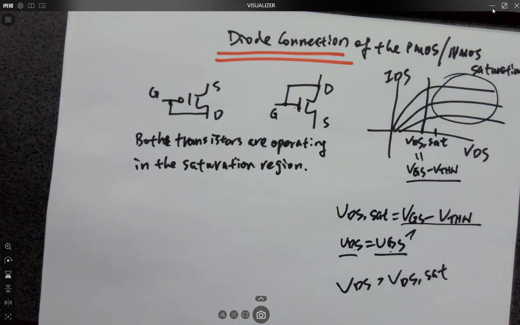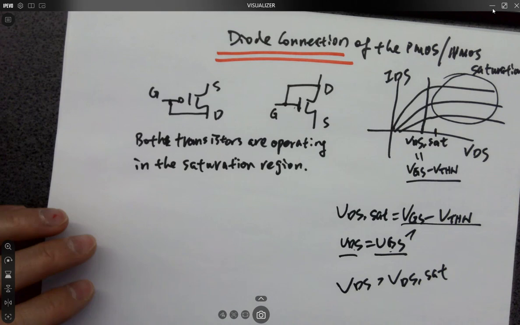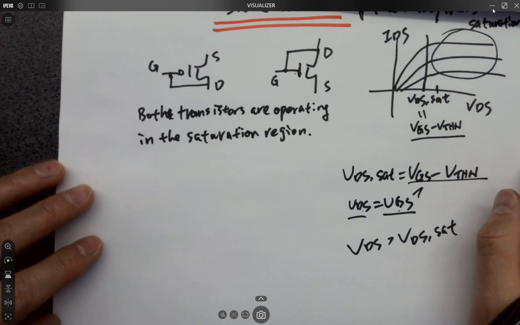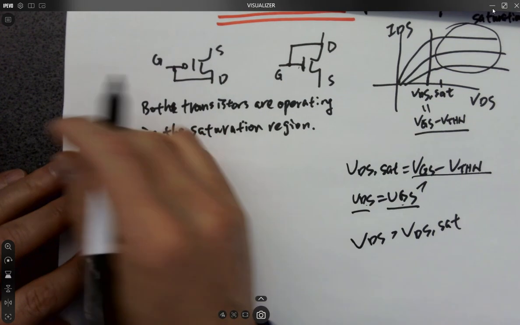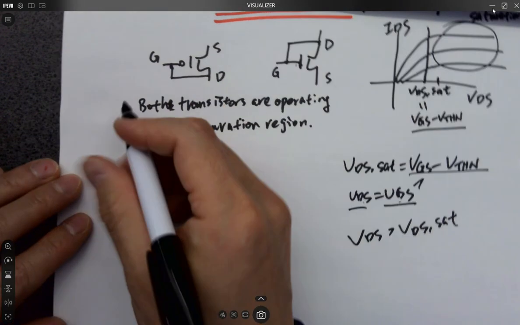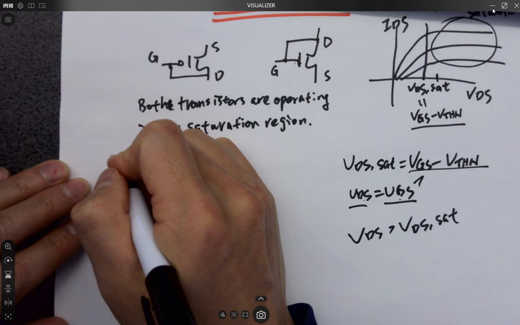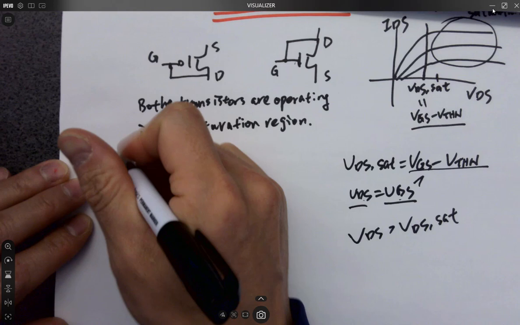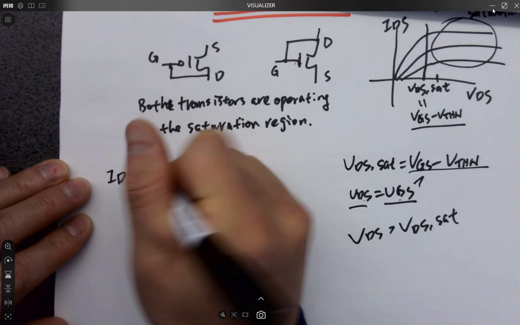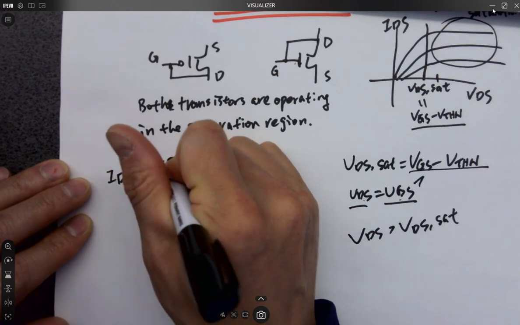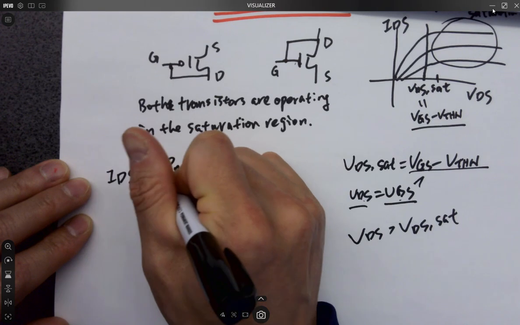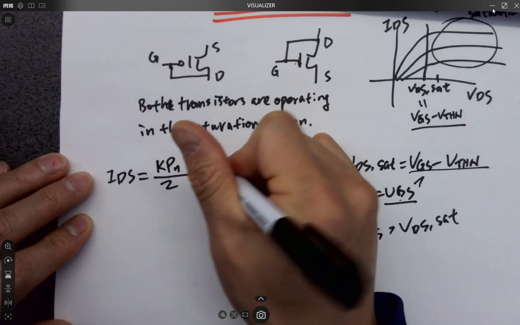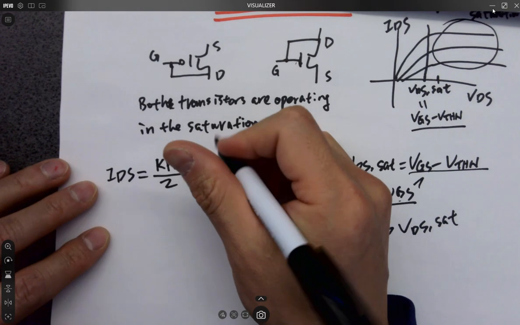And there's an equation whenever you operate the transistors in the saturation region. There's an equation that dominates the current from the drain to source. Let's just take the NMOS as an example. IDS equals KPN, which is a parameter from the textbook. It's a constant from the foundry.